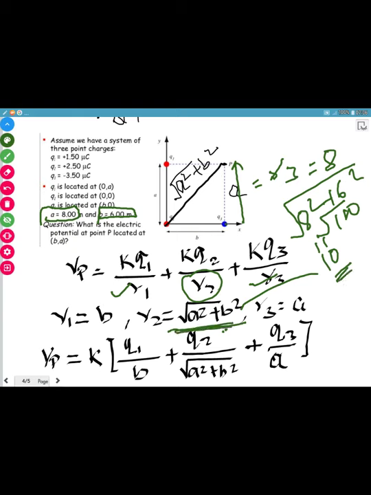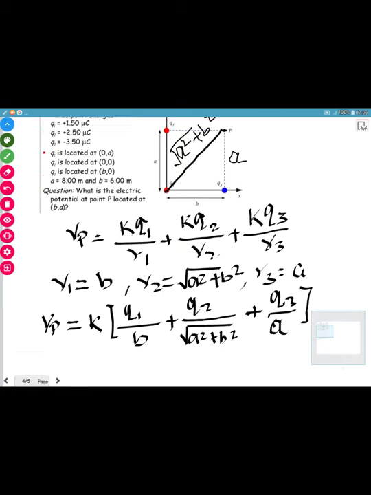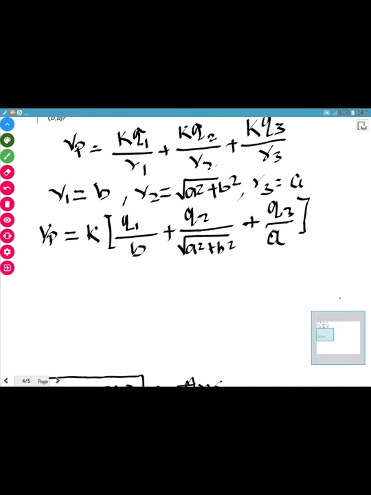Now we put in the value of K, which is 9 into 10 to the power 9.